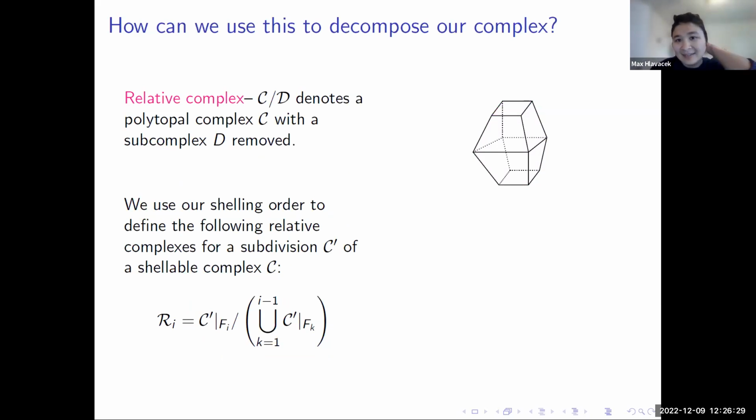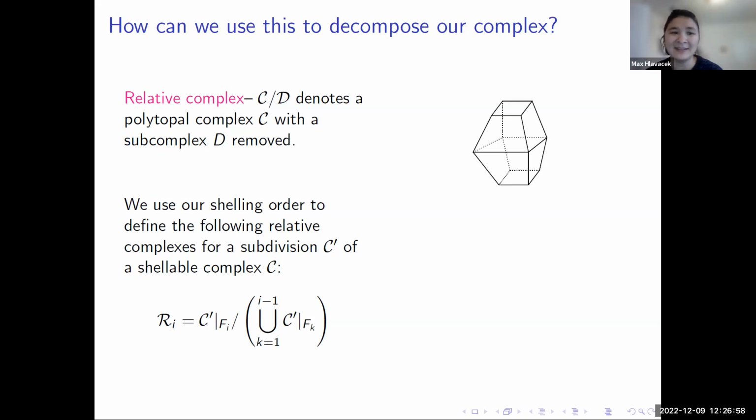Okay, so now we've been talking a lot about complexes and simplicial complexes. And so I'm going to define a relative complex. A relative complex is where you take some polytopal complex, like a polytope and all of its faces, and then you remove a different complex.